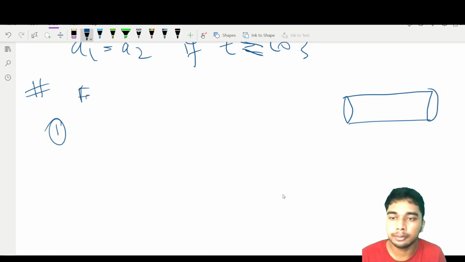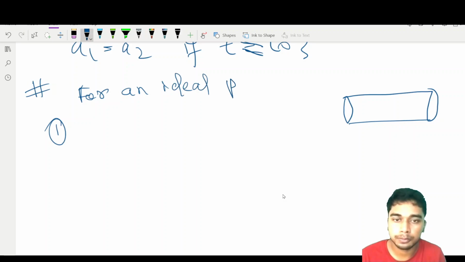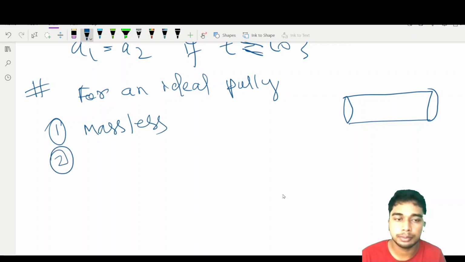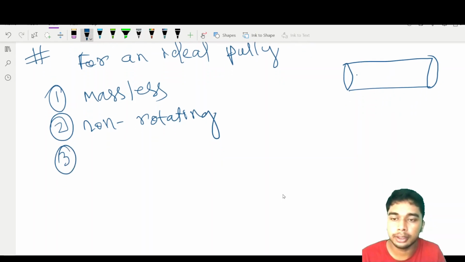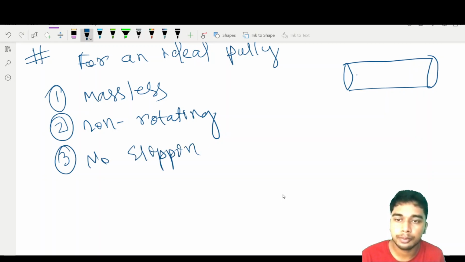For an ideal pulley, I considered that the pulley should be massless. Second was non-rotating, and third, I assumed in the previous video, the no slipping case.